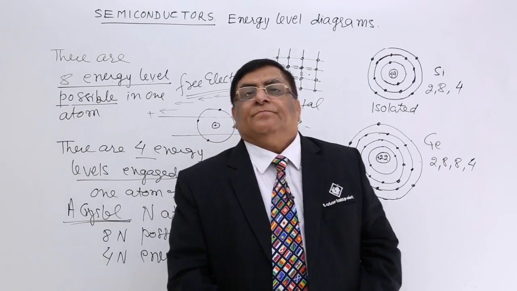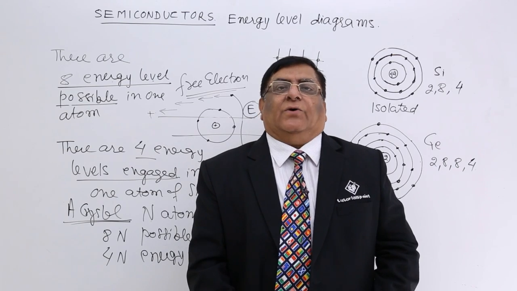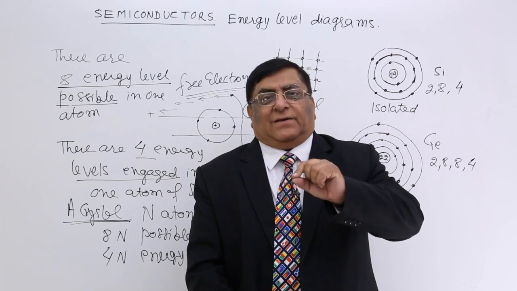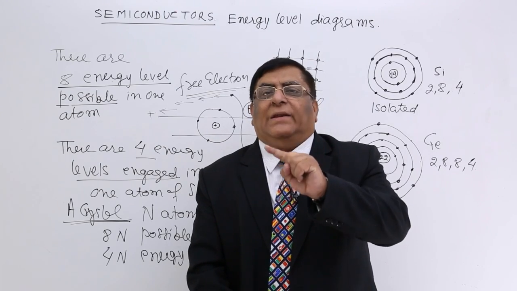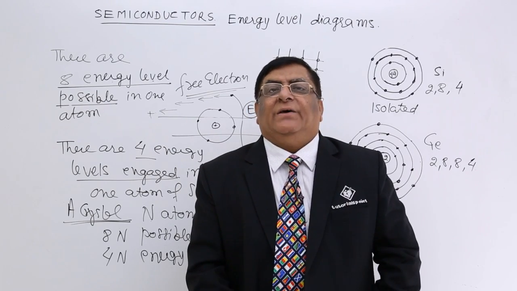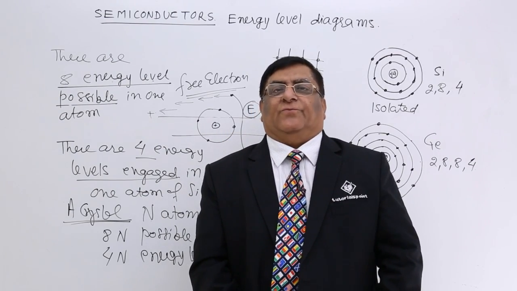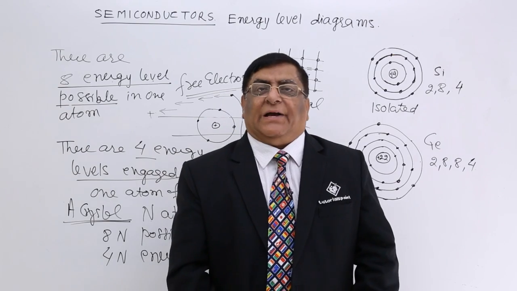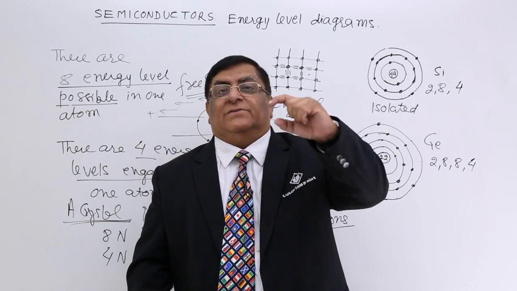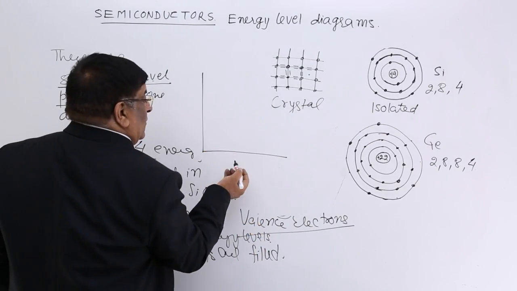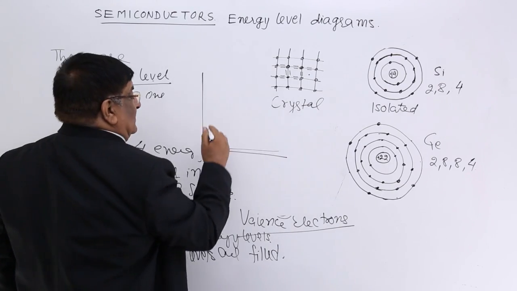So now there are 2 groups, which we have also learnt. At the natural distance between the atoms when they form the crystal, there is a redistribution of forces. In that redistribution, we finally observe clear-cut 2 categories of energy levels. The height shows the energy.